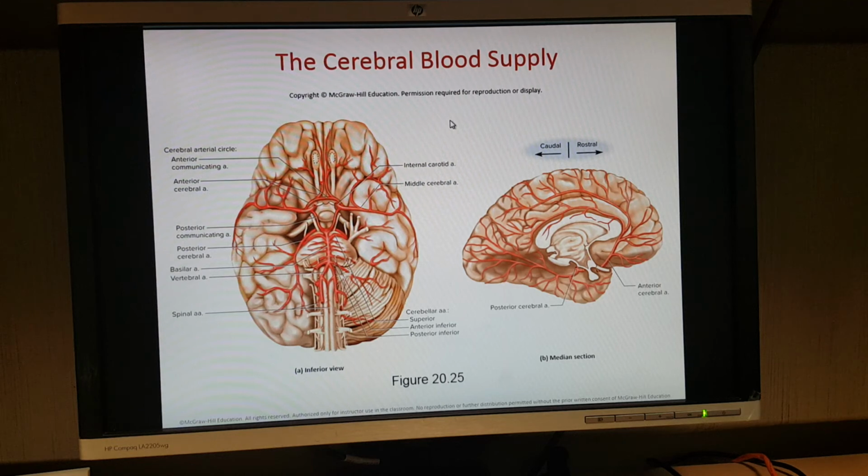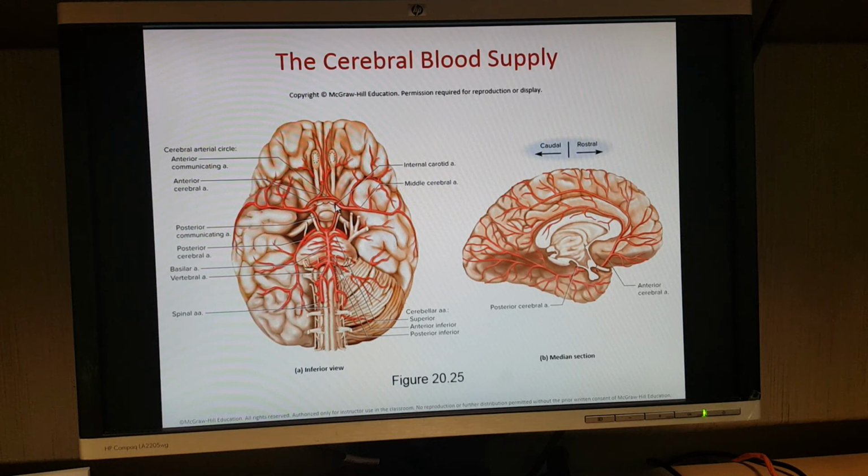Moving on to the two special circulations in your body. The first one deals with your blood flow to your brain. From your internal carotid, so you have a left and a right internal carotid, which are located here and here.